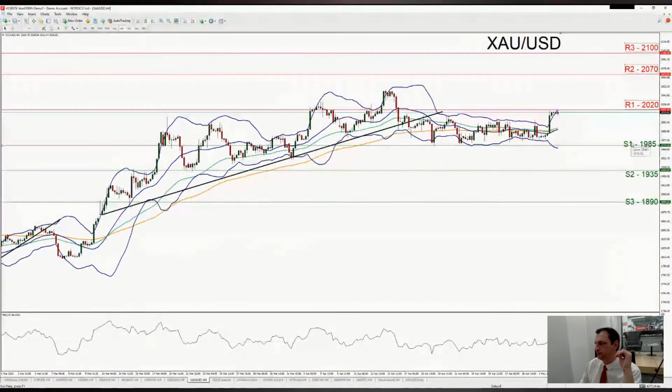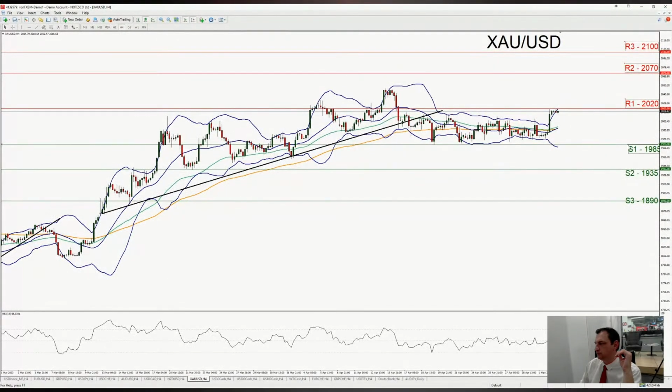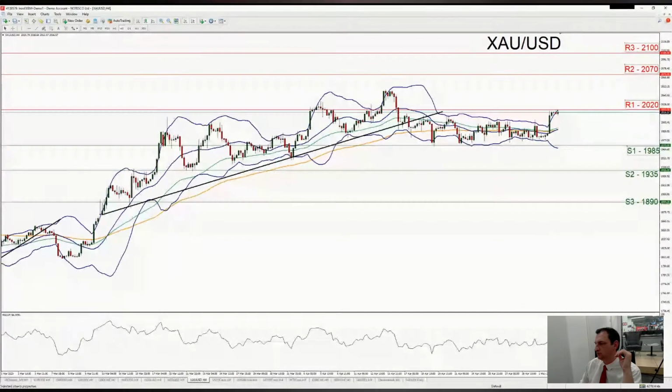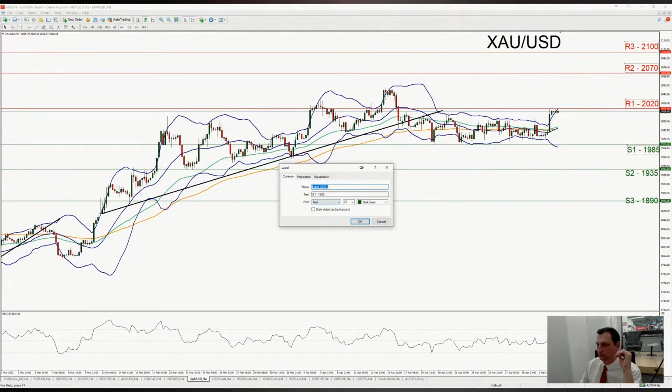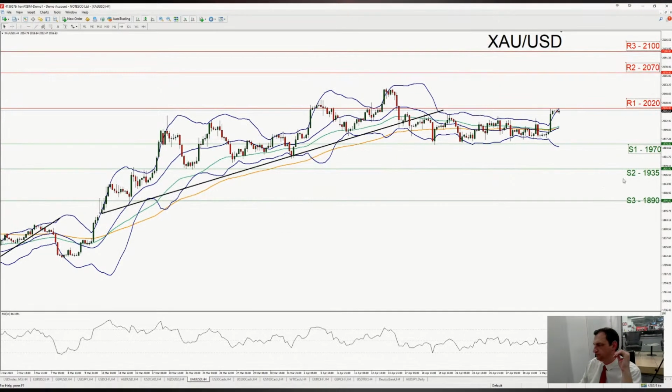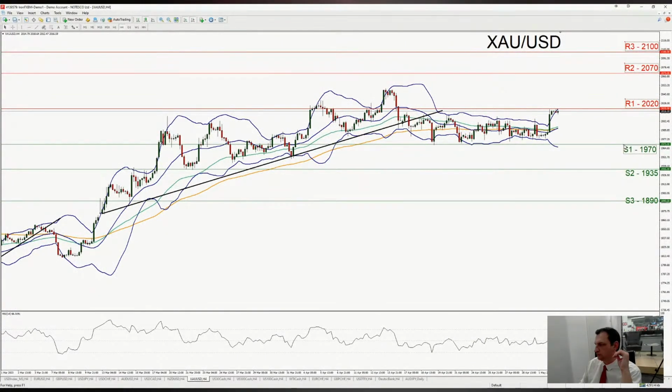Yep. The S2, which is being placed in 1935, and the S3 considerably lower at 1890.